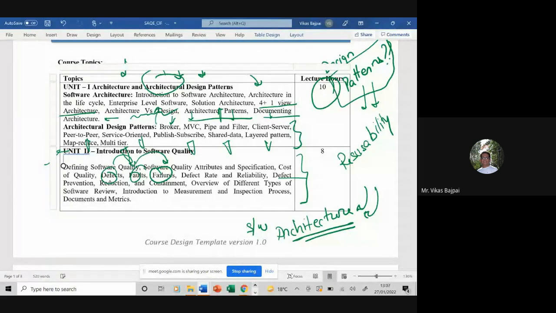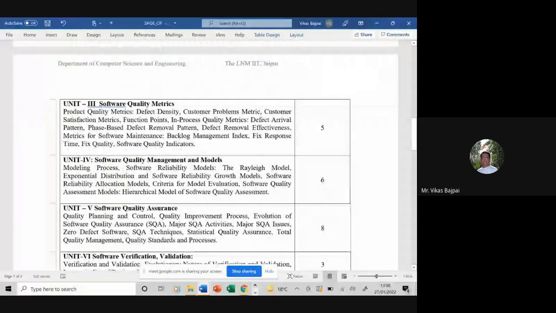Then we'll talk about defect prevention, detection, and since we are able to detect it, defect containment as well. We'll look into software reviews, and we'll talk about some software quality metrics, such as product quality metrics, defect density metrics, and customer problem metrics. We'll see some basic formulas associated with each of these metrics.